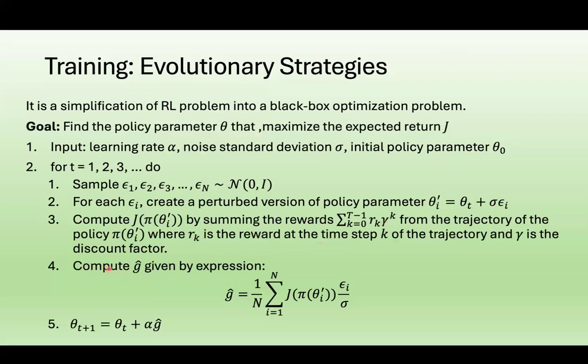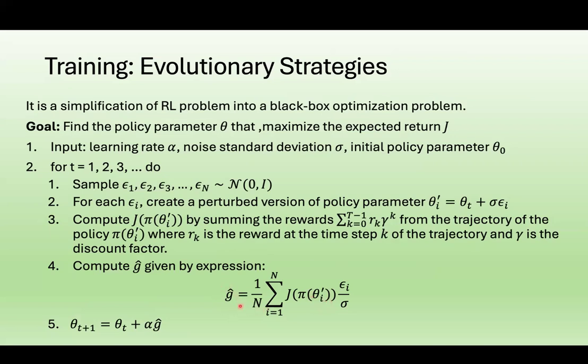Then the next step in this training algorithm is to compute G cap, which is basically the average value of J under this policy pi theta i dash multiplied by epsilon i by sigma. So we just take the average of this value for all the noise values, epsilon 1, epsilon 2, epsilon 3, up to epsilon n.